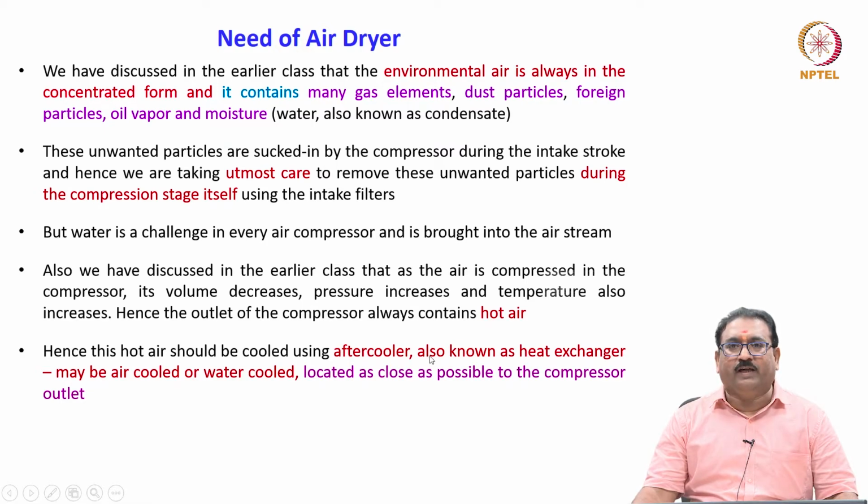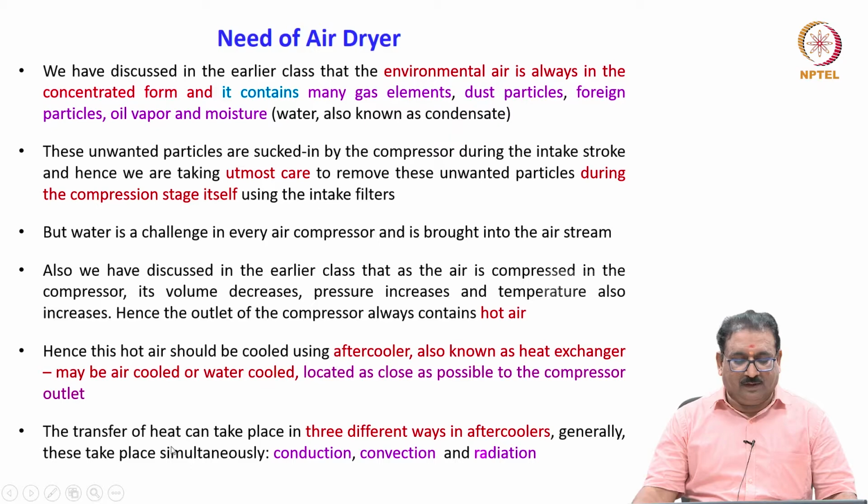These are also known as heat exchangers, may be air cooled or water cooled, located as close as possible to the compressor outlet. The transfer of heat can take place in three different ways in an aftercooler. Generally, this takes place simultaneously: conduction, convection and radiation.